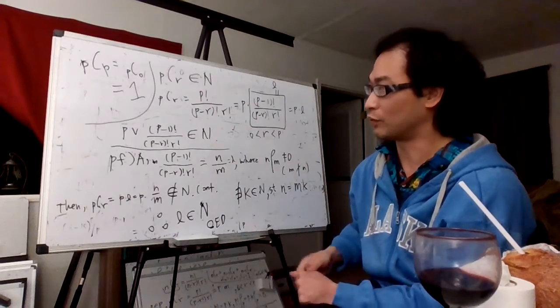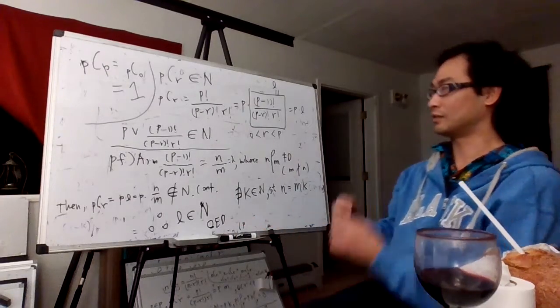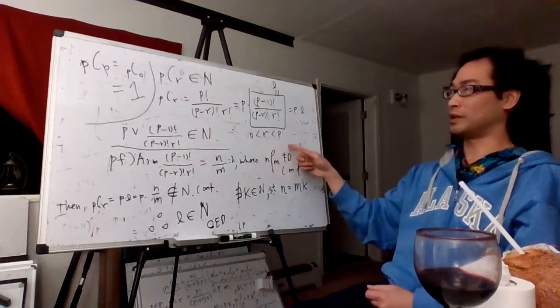It's a binomial coefficient by definition. So that's why R cannot be 0 or P.